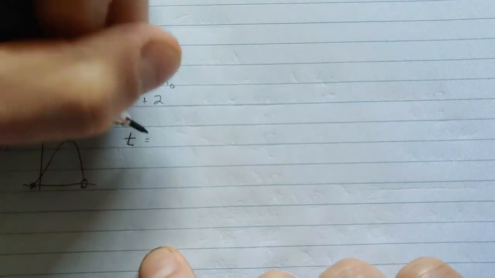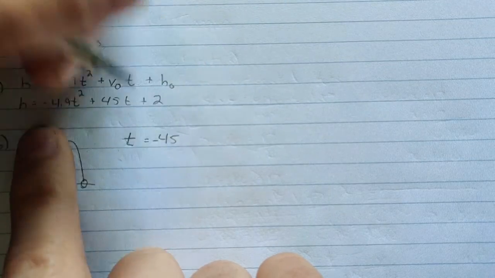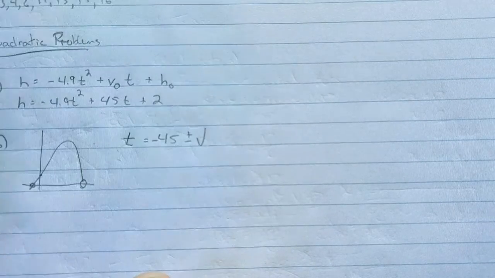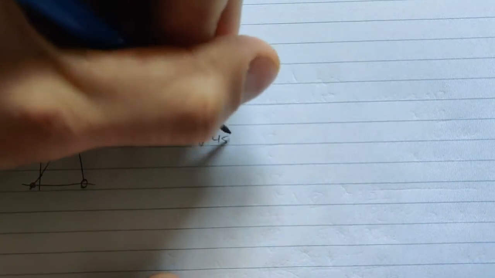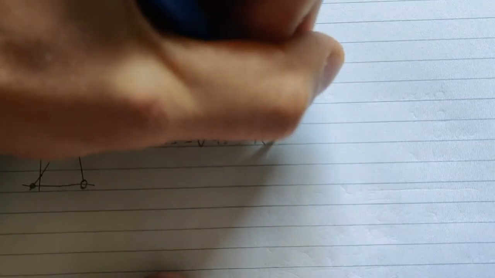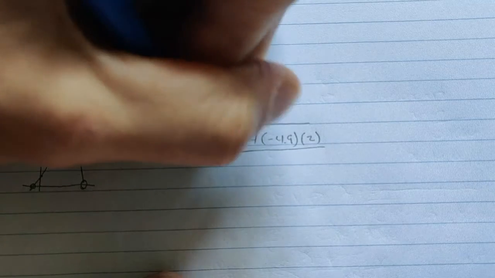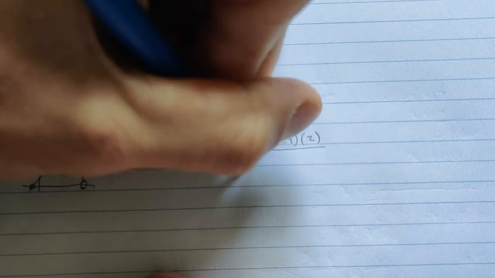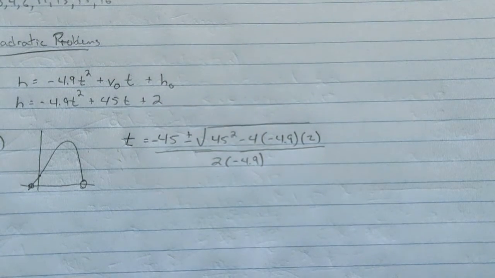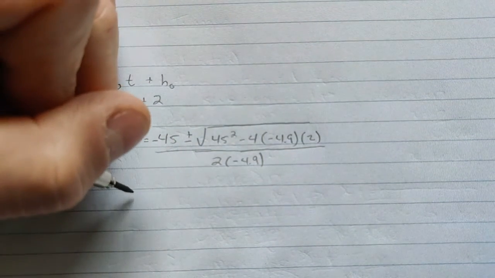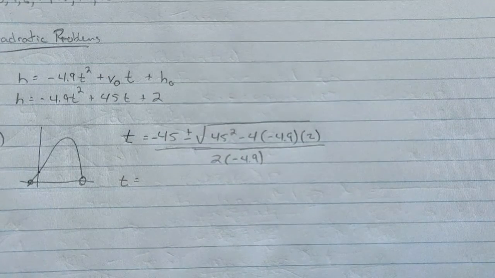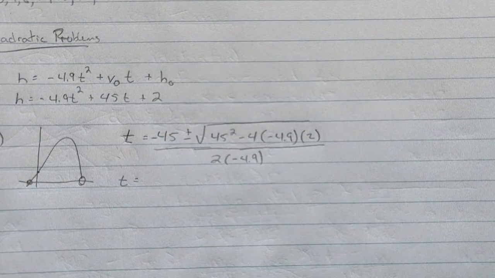So t equals negative b, which is negative 45, plus or minus the square root of b squared, 45 squared, minus 4 times the a value, negative 4.9, times the c value, 2, and all of that is over 2 times the a value. So I get this big formula here, and then I will just simplify that down until I get to the plus minus portion, and then I'll have to break it apart.